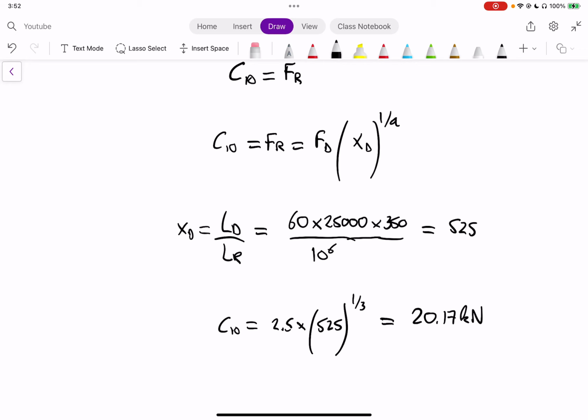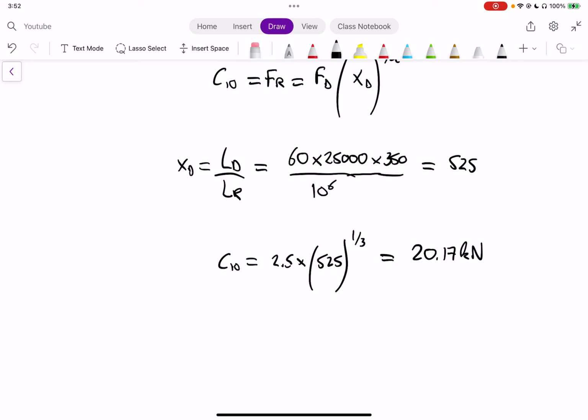So that means I would then have to go to a catalog and find a bearing that has a rating that can withstand 20.17 kilonewtons as opposed to 2.5 kilonewtons, just because I increased the life by 525 times.